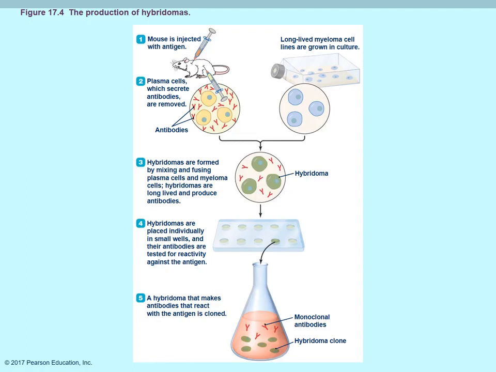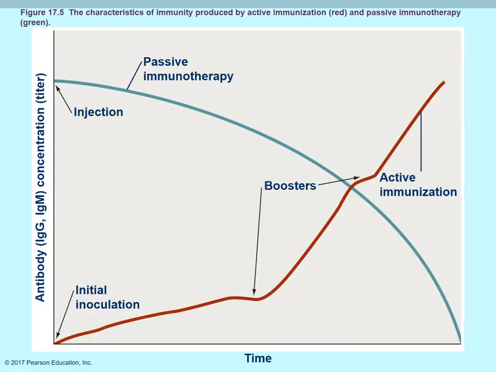You then remove those plasma cells, fuse them with myeloma cells, and have those produce the monoclonal antibodies, just those antibodies for that particular pathogen. This is still ongoing research.